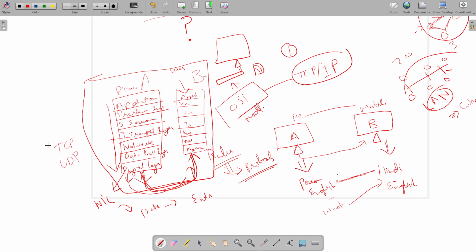TCP is a three-way handshake protocol. It means it requires acknowledgment back from the server to make a connection work. And UDP is just sending data without any connection. It sends data directly without any authorization.